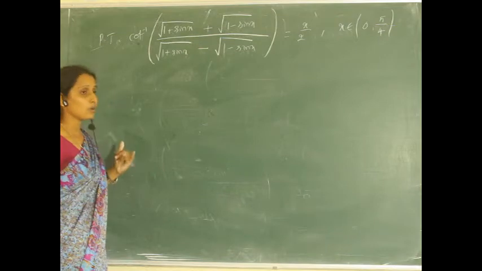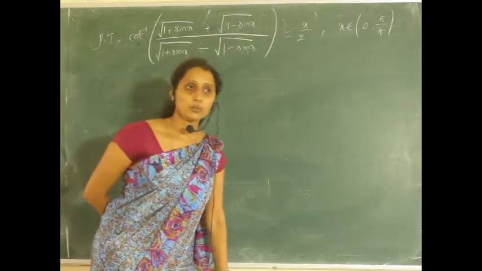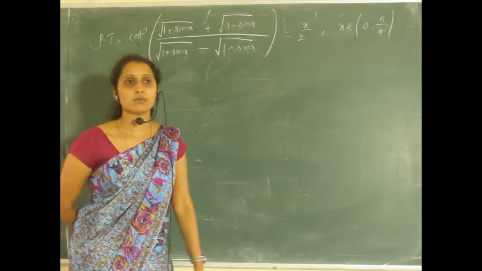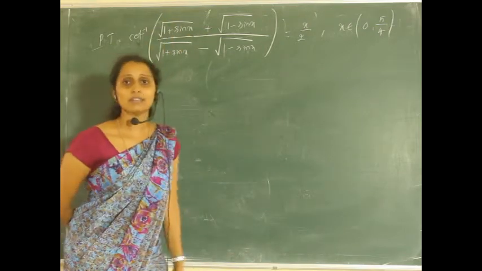Also we know that the famous identity is cos square x by 2 plus sin square x by 2 is 1, or cos square x plus sin square x equal to 1. Since this is in the half angle, 1 also we have to write in the half angle.